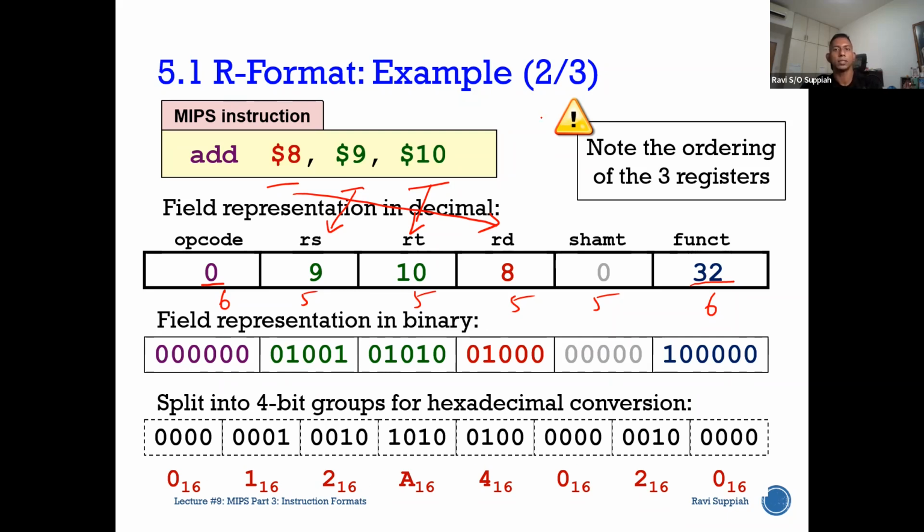So this instruction will translate into this hexadecimal sequence, which is 0, 1, 2, 8, 4, 0, 2, 0. This is the actual hexadecimal sequence, or binary translation, that the processor will see and execute. And when it sees this, it will execute this add instruction.